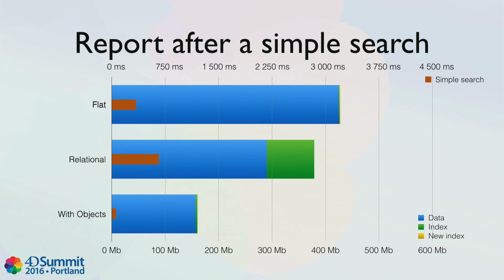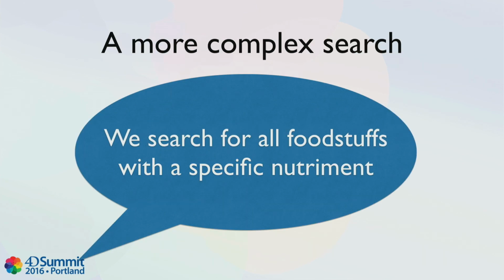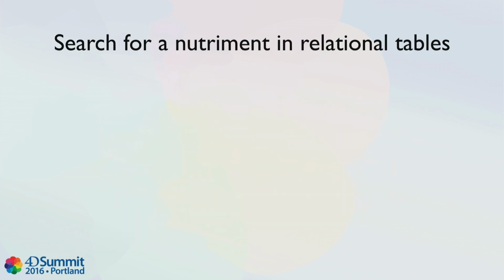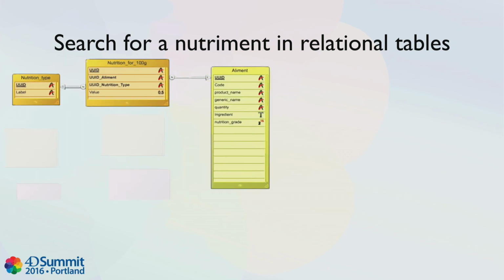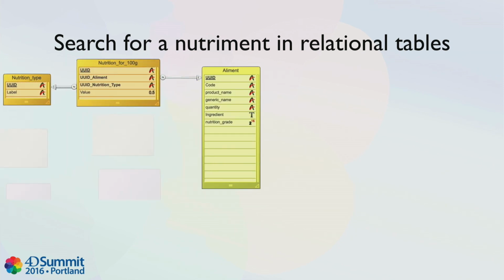Okay, more complex now. We want to search, for example, food with vitamin C. It's good for health, so we want to buy some. I start with the relational table. That's this part of the structure.